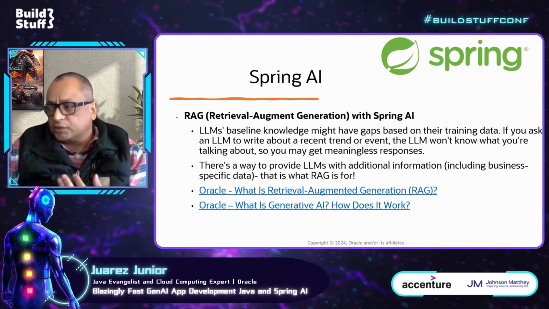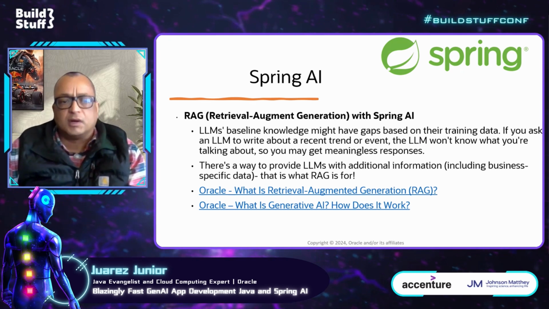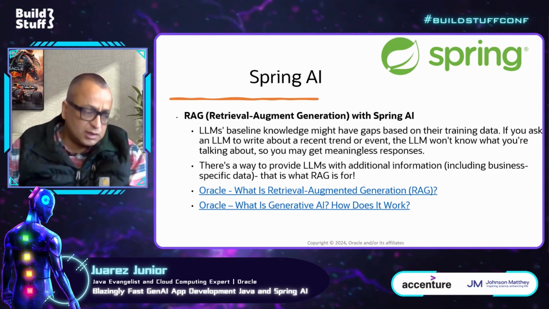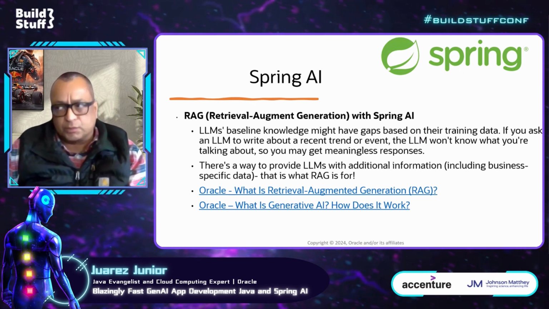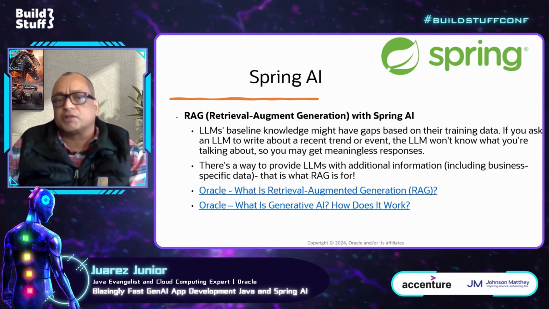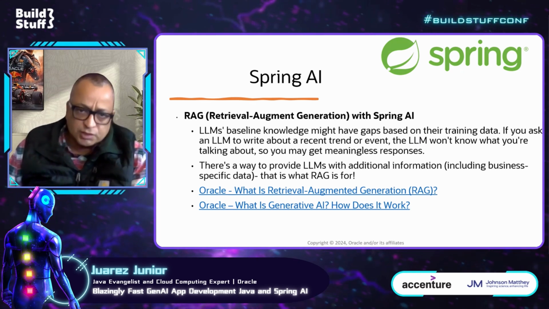That's a problem, but there's a documented blueprint at the moment to address such limitation by complementing the knowledge base and the context with additional information. And that's what RAG stands for, Retrieval Augmented Generation.